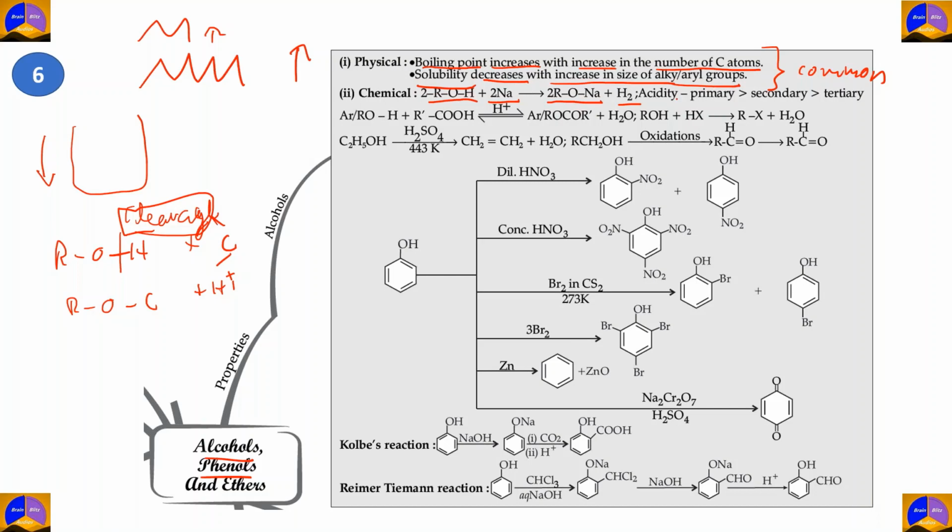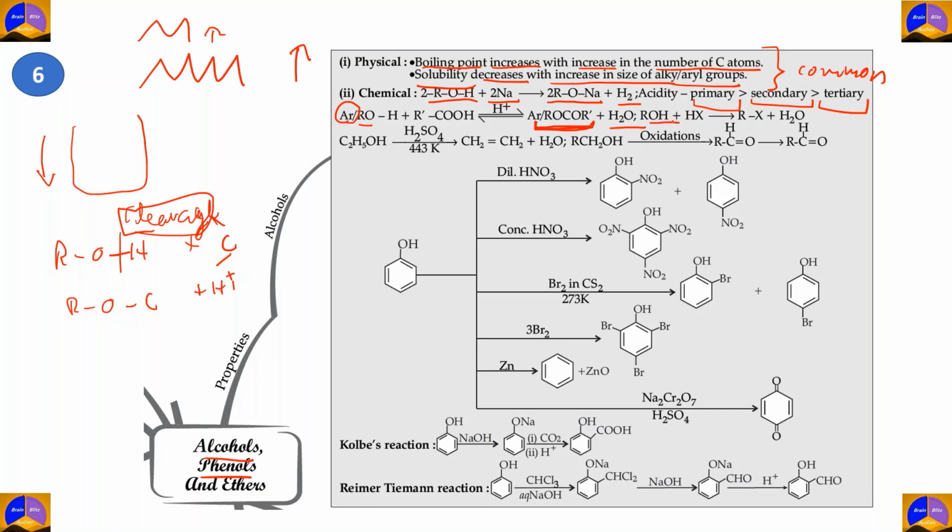The acidity of alcohols is in this order. Primary alcohols are more acidic than secondary alcohols, which are more acidic than tertiary alcohols. In phenols, Ar, which is the aromatic part, plus a carboxylic acid gives you an ester plus H2O.